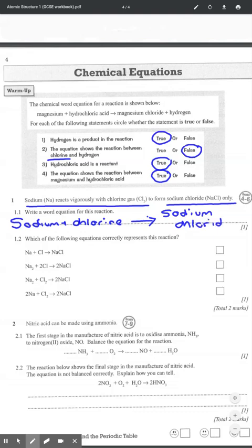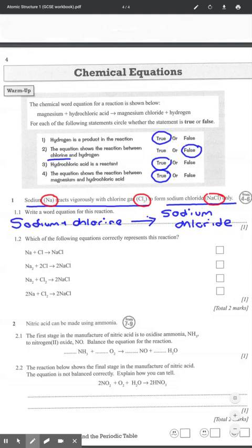And question 1.2 is then going to ask us to transfer that word equation into full symbols. Now the question has actually given you the symbols quite helpfully. So we're told it's Na, we're told it's Cl2, and we're told the product was NaCl already.